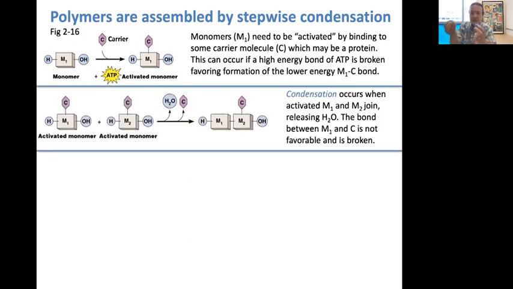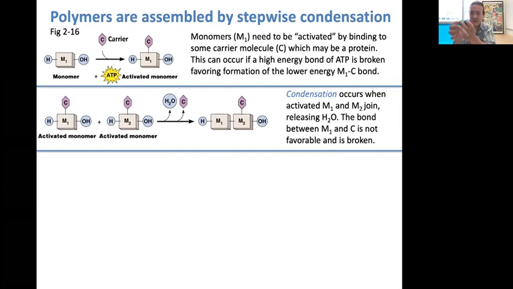Step 2, you would have another activated monomer that also got acted upon by another one of these carrier proteins, right? Then these 2 carrier proteins, one would be here, one would be here. They would want to bring these 2 together. Again, this is just how the specific shapes of these molecules evolved, so that they have a tendency to want to do this on their own.